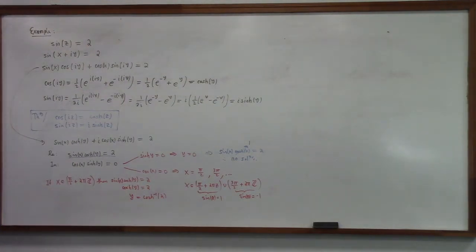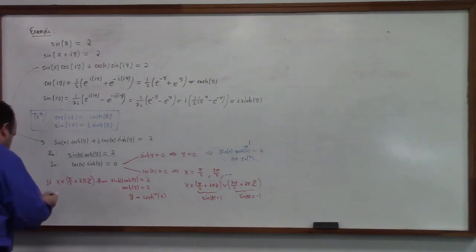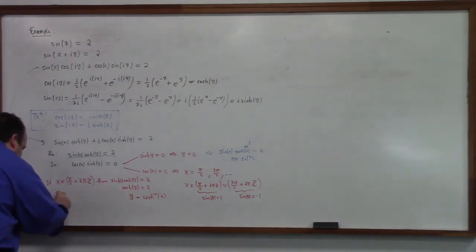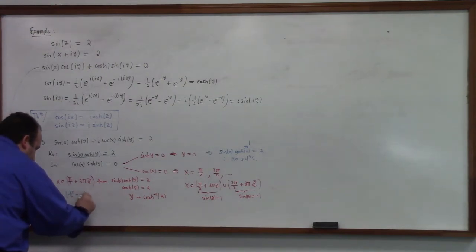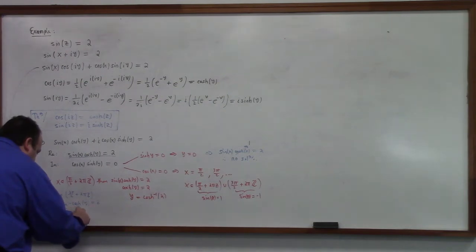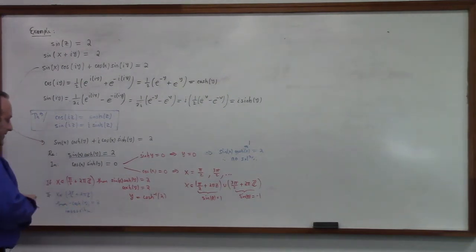On the other hand, if x is an element of 3 pi over 2 plus 2 pi Z, then we get negative cosh of y equals 2, which is impossible for real y.